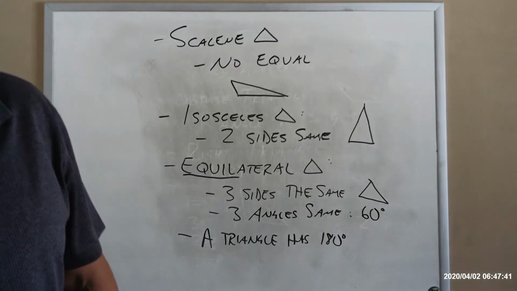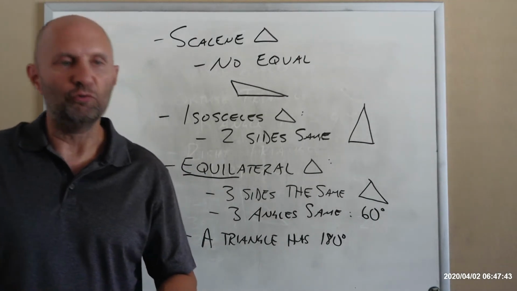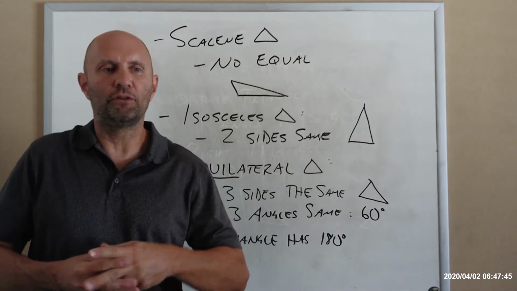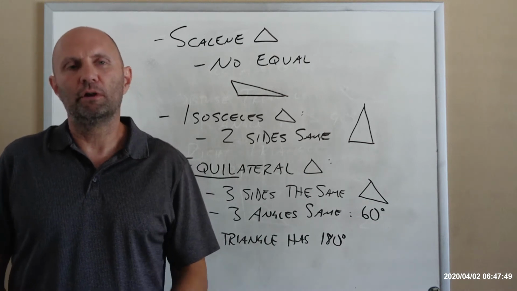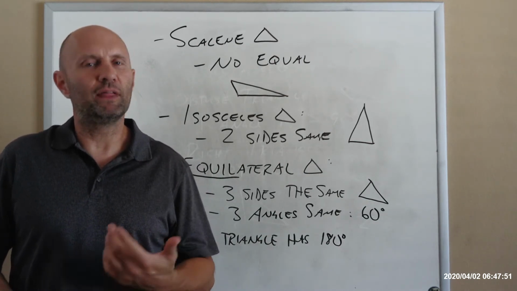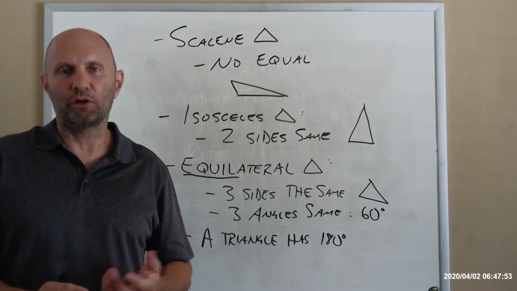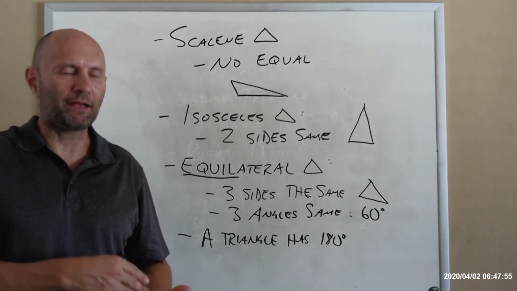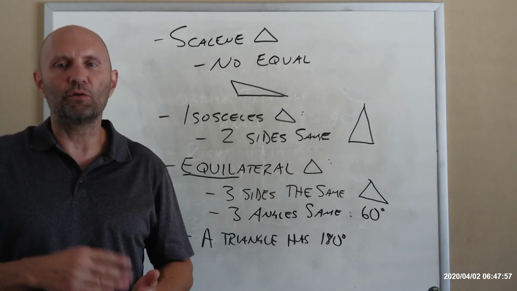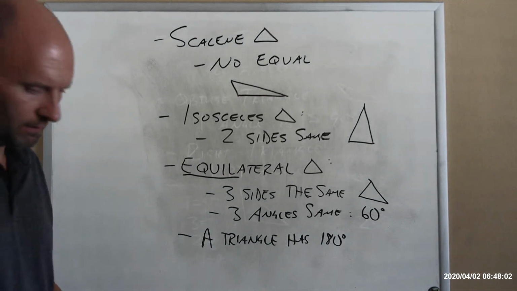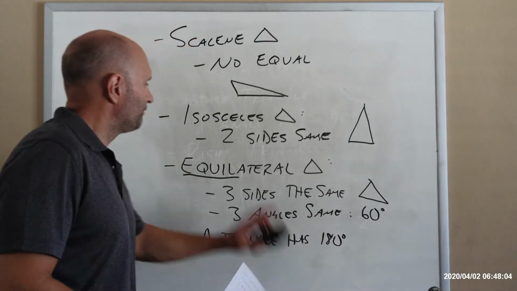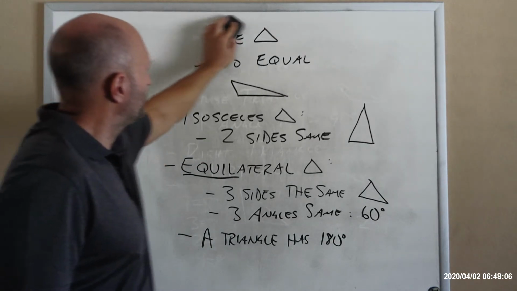And again, this is important because sometimes you might just be given a word problem that says, in an equilateral triangle, blah, blah, blah, whatever. And you need to know one of the angles, and they don't tell you. Well, they don't have to tell you because an equilateral triangle has all three angles at 60 degrees each.